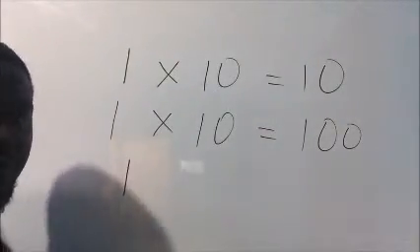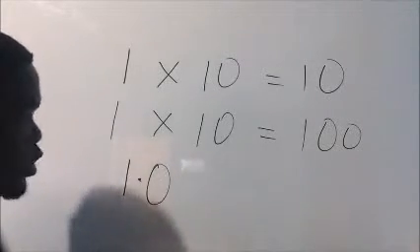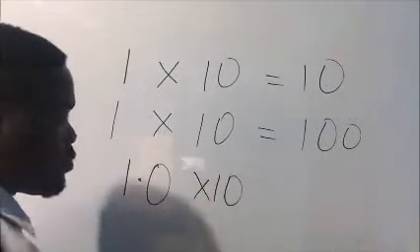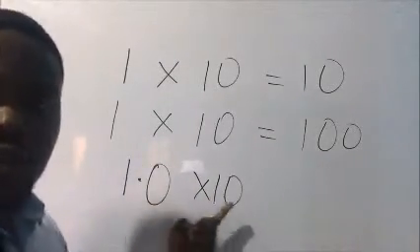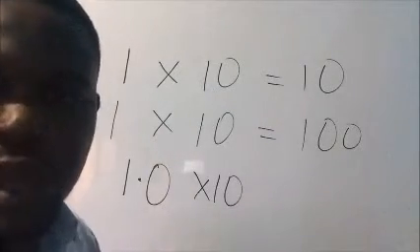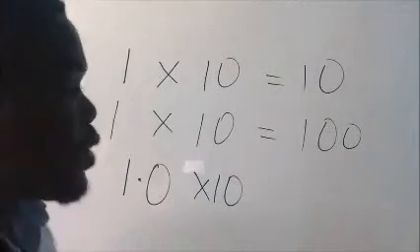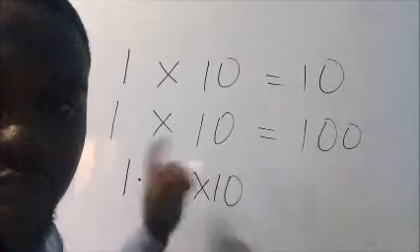Every number we have is point 0. So if you tell me times 10, 10 or this 0 is the only number that is able to move a decimal point when it is multiplying or when it's dividing. When it is multiplying, it moves to the right. When it's dividing, it moves to the left.